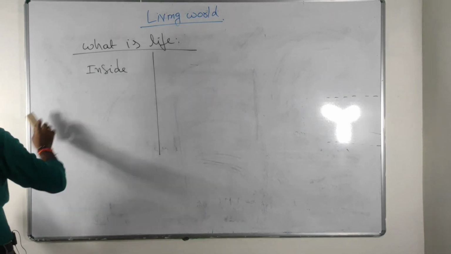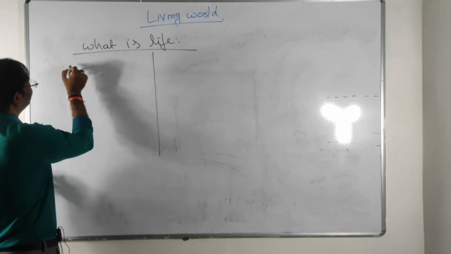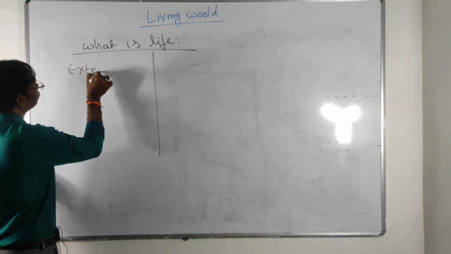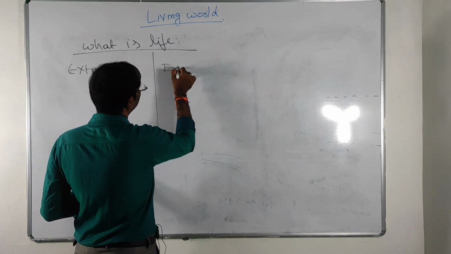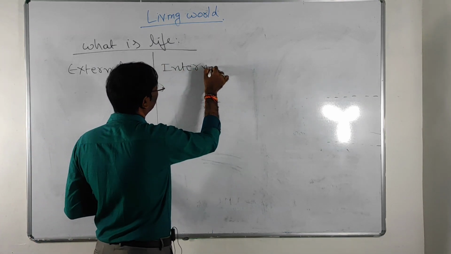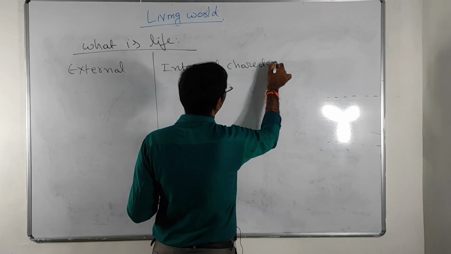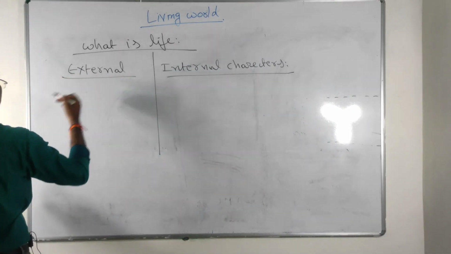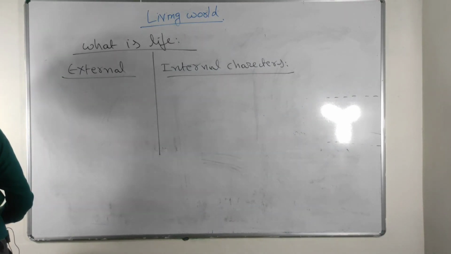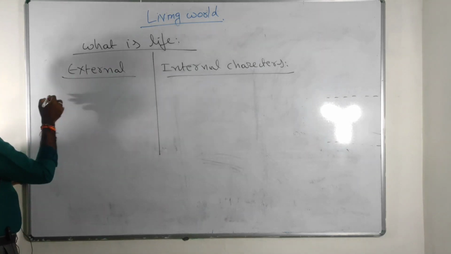Some characters we can understand from the outside, and some characters we can understand from the inside. So there are 2 types of characters: external characters of life, and internal characters of life.